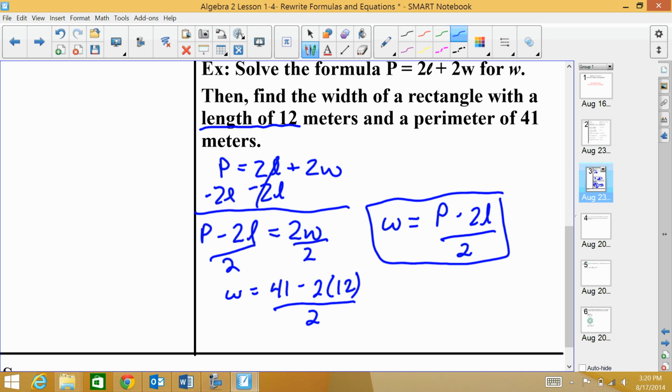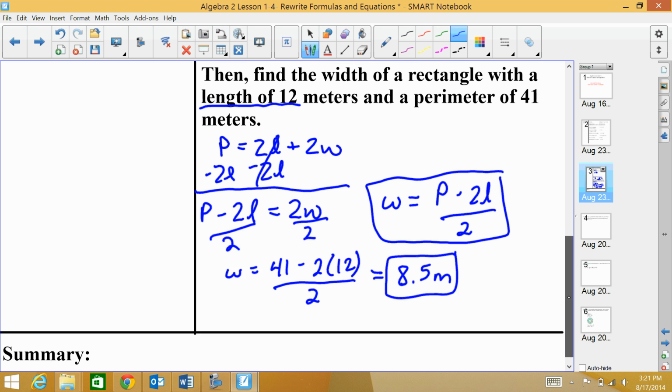So if I work this out, then 2 times 12 would be 24. So I would take 41 minus 24, which is 17, and then divide that by 2, which is 8.5. So this comes out to be about 8.5 meters for the width of this rectangle.